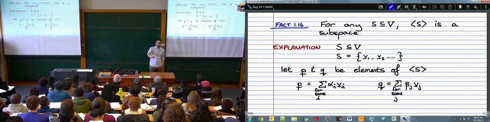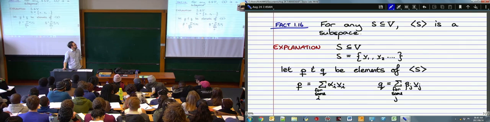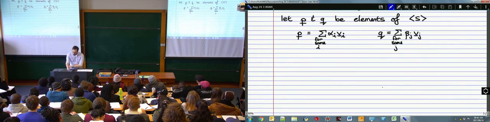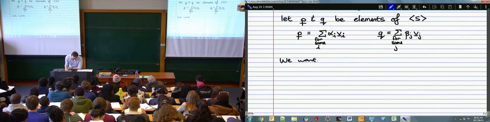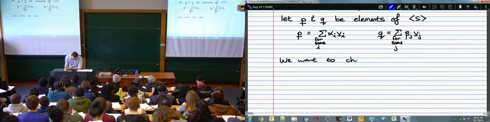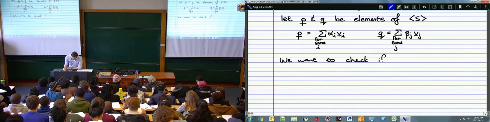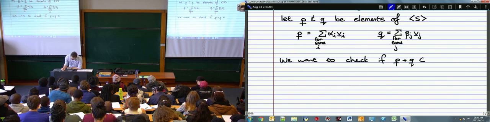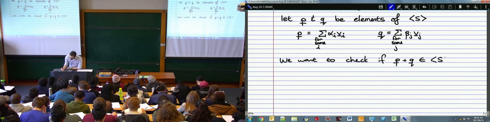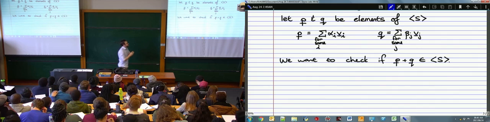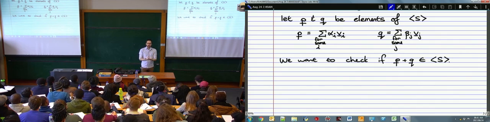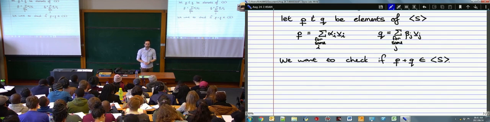Because that would be closure under vector addition. So we want to check if P plus Q is still in the set of all the possible linear combinations.